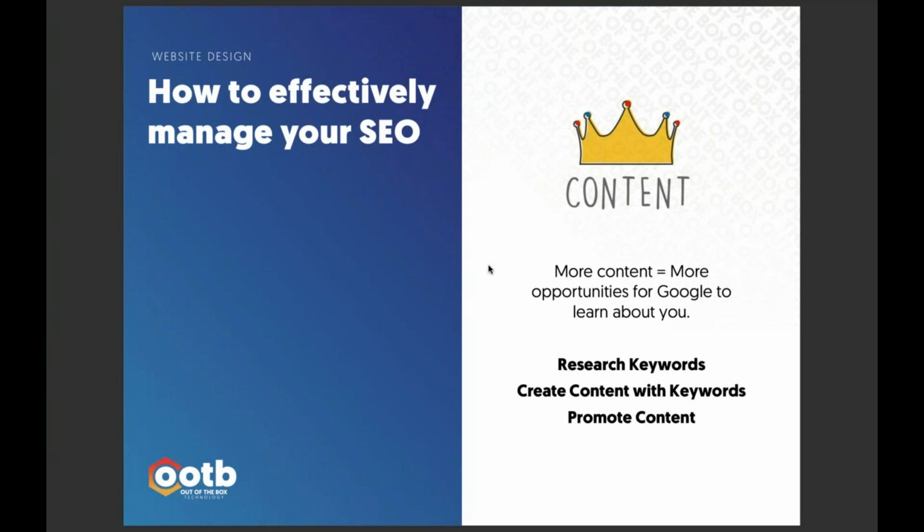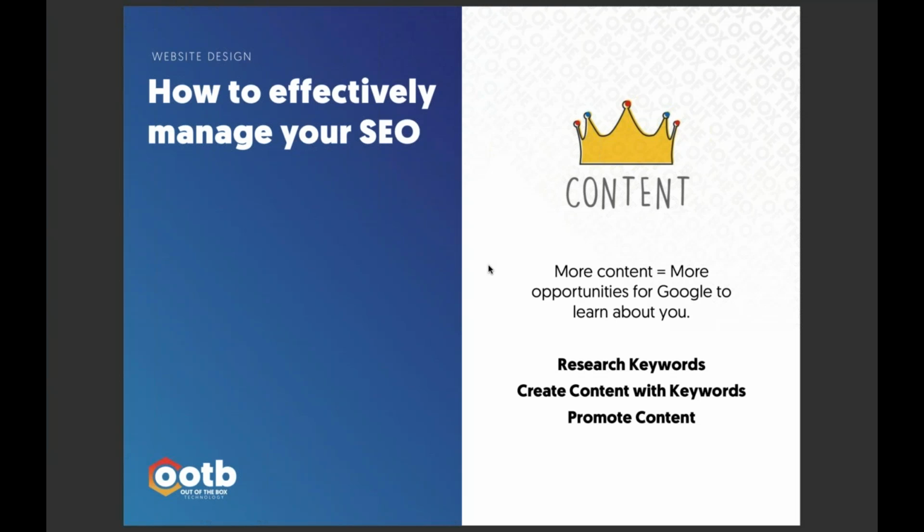Versus if you had a 100-page website, think about how much more Google could learn about you if you had 100 pages of content. This is why it's so important to have more content, because that's more content for Google to crawl, and that's more opportunities for your website to appear in search engine results.